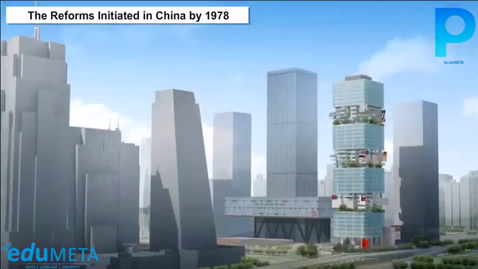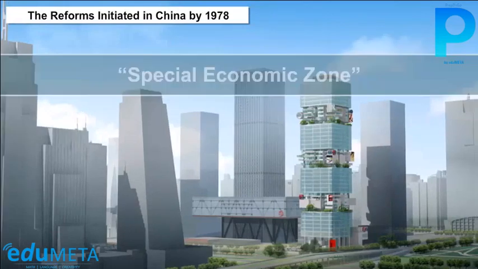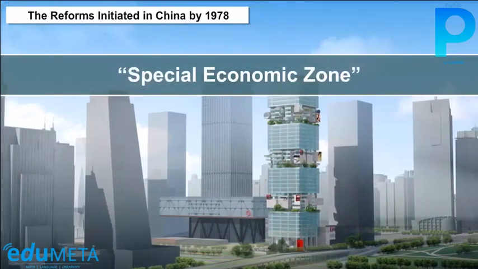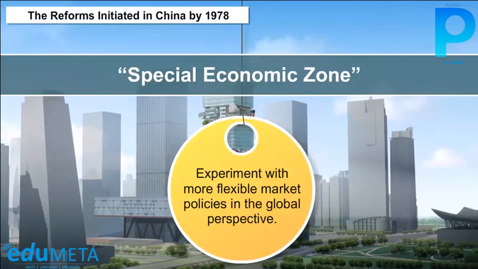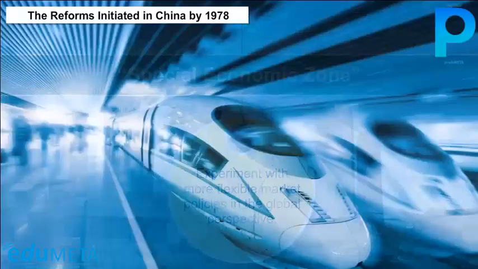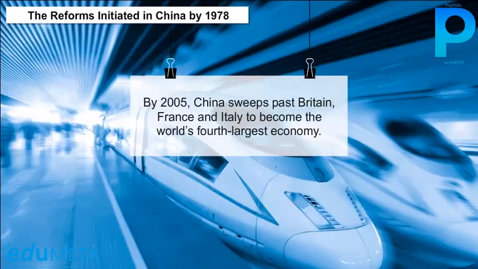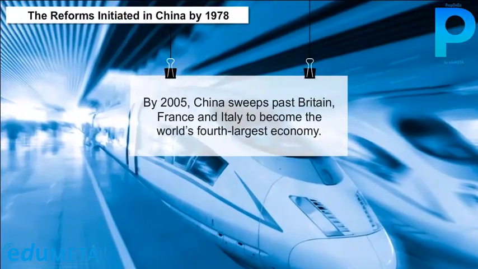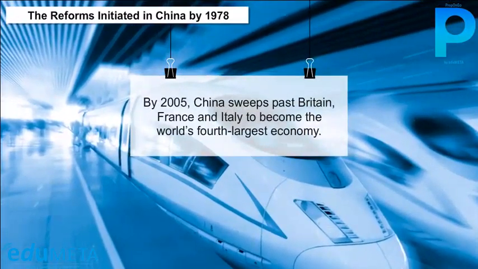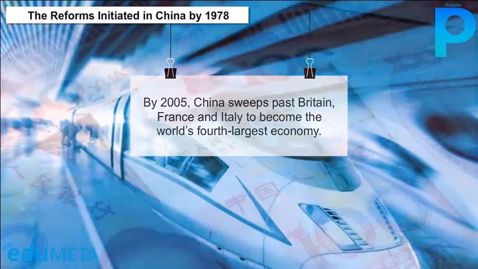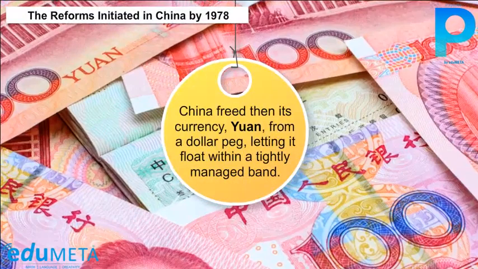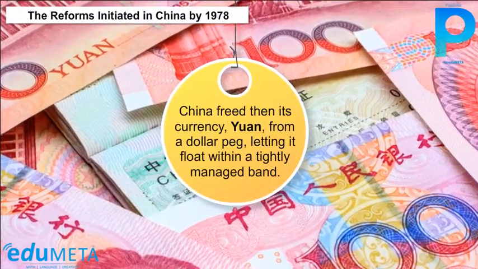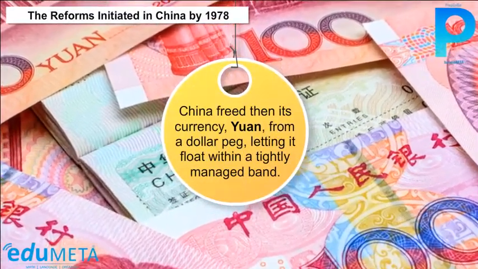The southern city, Shenzhen, was made the first special economic zone to experiment with more flexible market policies. In the global perspective, by 2005, China sweeps past Britain, France and Italy to become the world's fourth largest economy. China then freed its currency, yuan, from a dollar peg, letting it float within a tightly managed band.